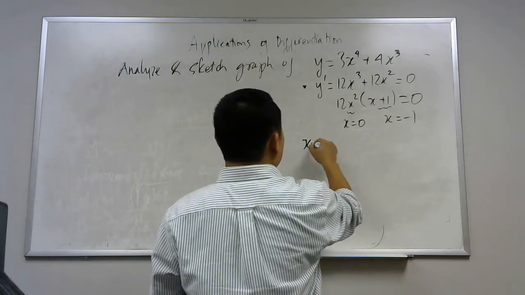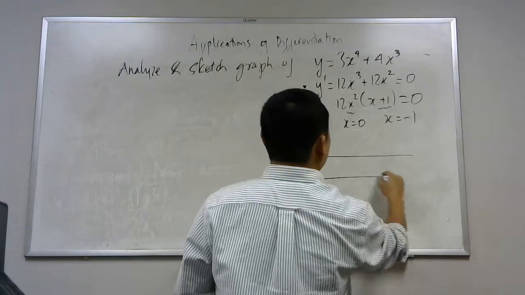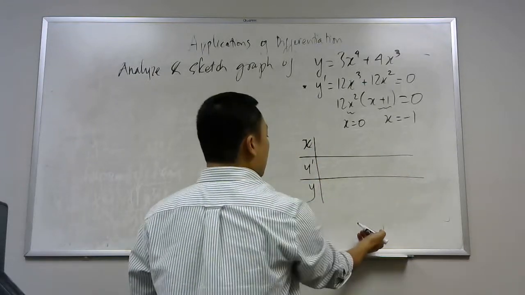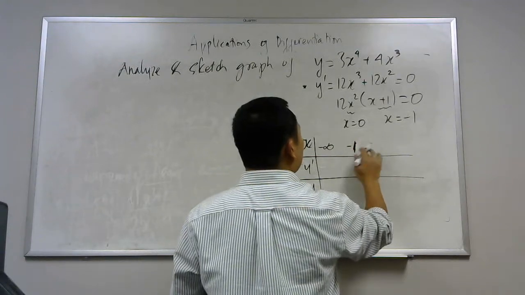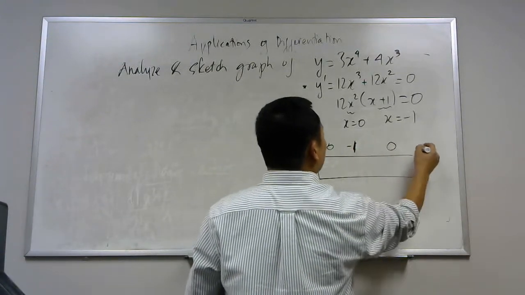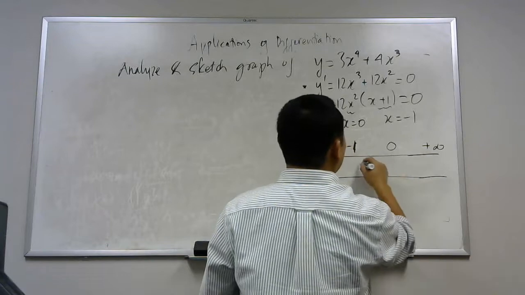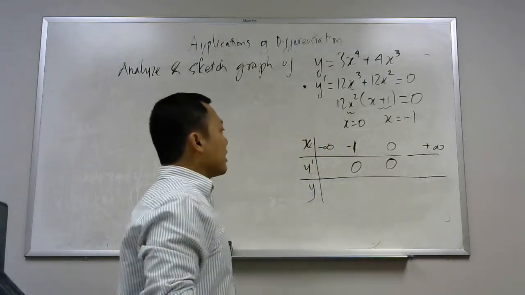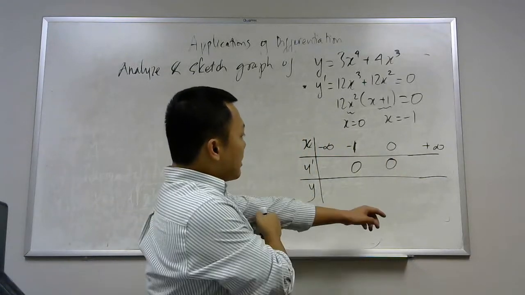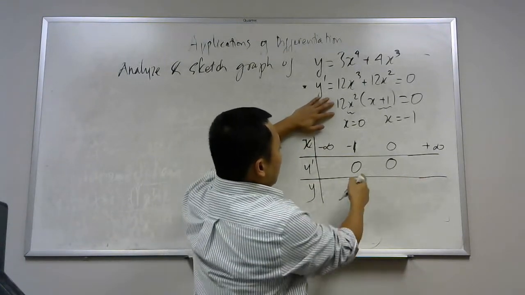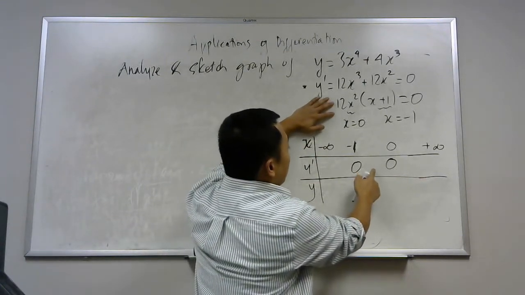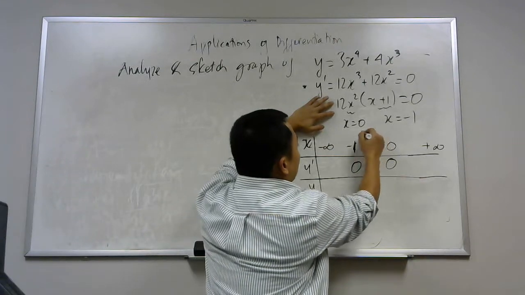So I write x, y prime and y, with negative infinity, negative 1, 0, and positive infinity. And here the first derivative equals 0. Now let's consider the sign and see where the function is increasing or decreasing. In here I can pick negative 0.5.